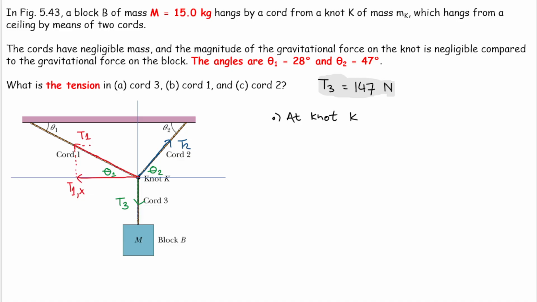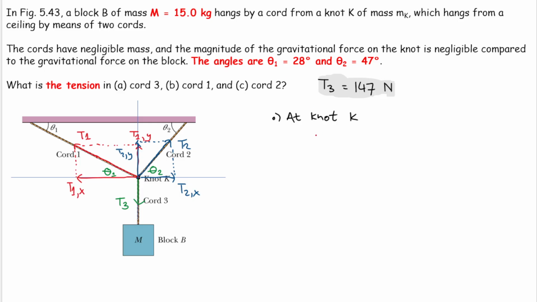And in the vertical direction, I will have T1 Y. And we also have T2 here. In the horizontal direction, I will have T2 X. And then in the vertical direction, I will have T2 Y.